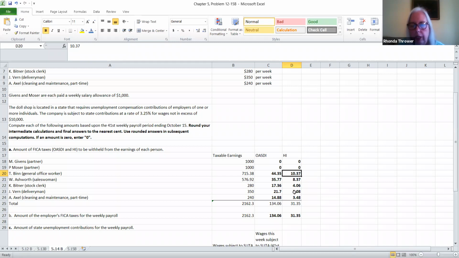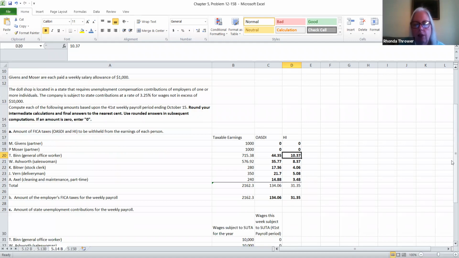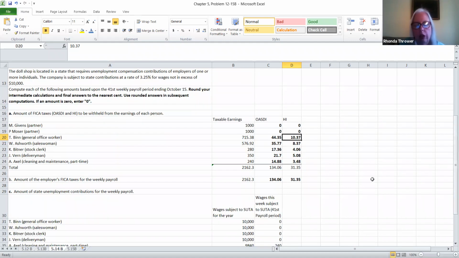These were the employees, and this is the employer's share. The $2,162.30 times 0.0145 gives you $31.35. That's the employer's portion of HI taxes that they have to match with what the employee puts in.